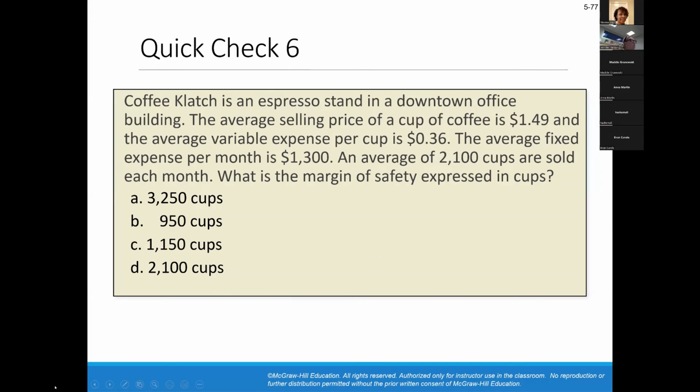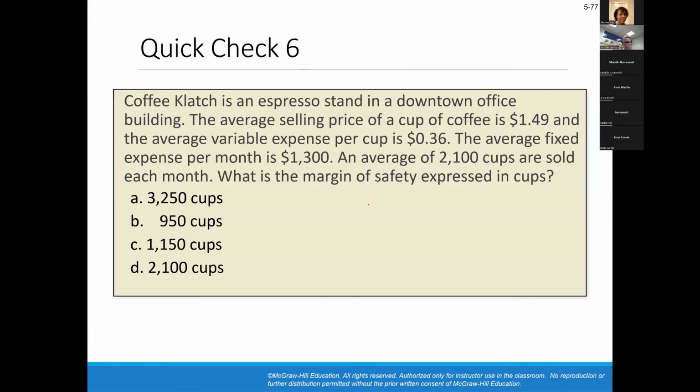It's telling us 2,100. So we're going to take the 2,100 units and deduct our break-even units, let me see what example it was. I think it's quick check number 3.